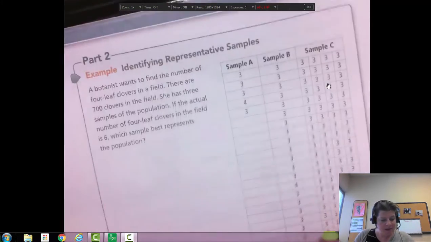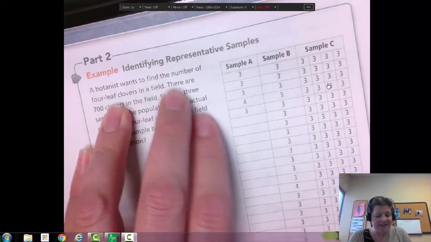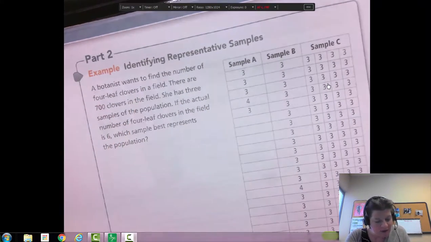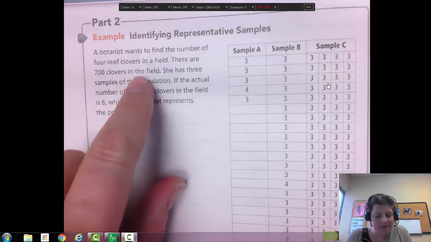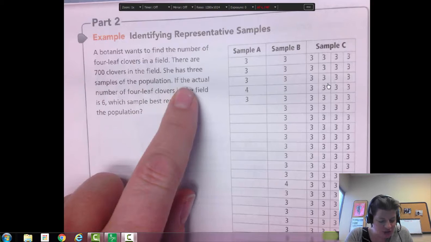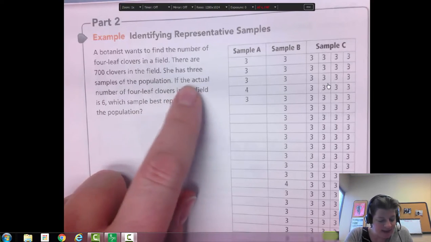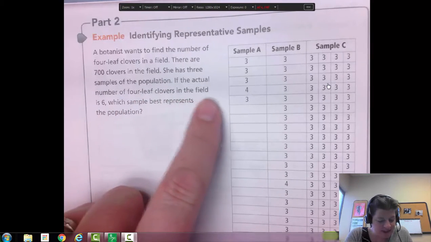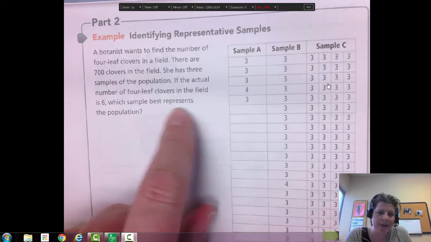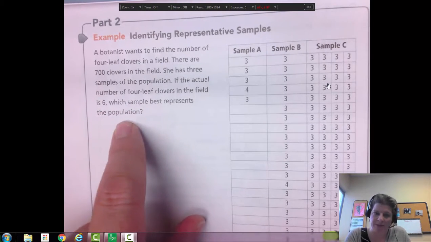So a botanist wants to find the number of four-leaf clovers in a field. There are 700 clovers in the field. She has 3 samples of the population. If the actual number of four-leaf clovers in the field is 6, which sample best represents that population?